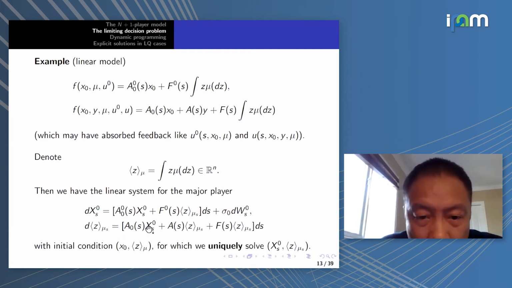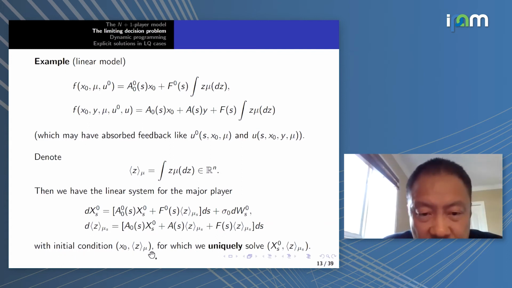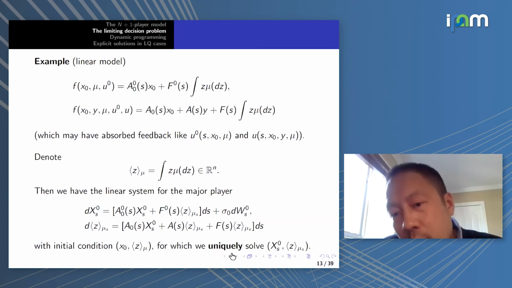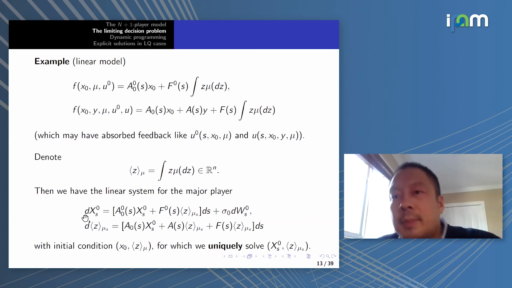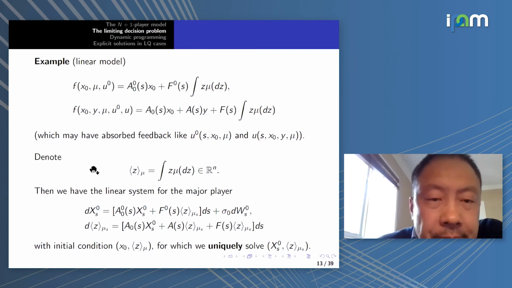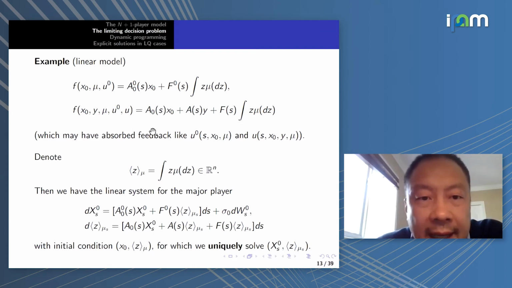Because it's driven by the state of the major player. So given the initial condition here, we can then uniquely solve the equation system. So this is the illustration of the dynamics when we have the linear model here.